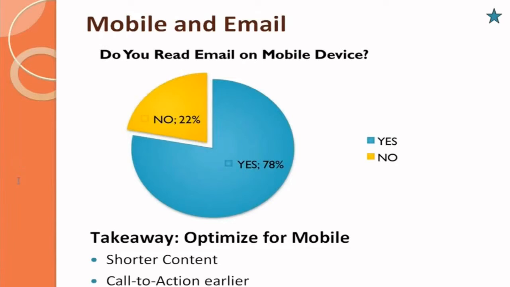So more and more people are reading email and business communications on their mobile devices. So as marketers, we really need to spend a lot more of our cycles on how the content we send is going to be read, consumed and viewed on mobile devices.